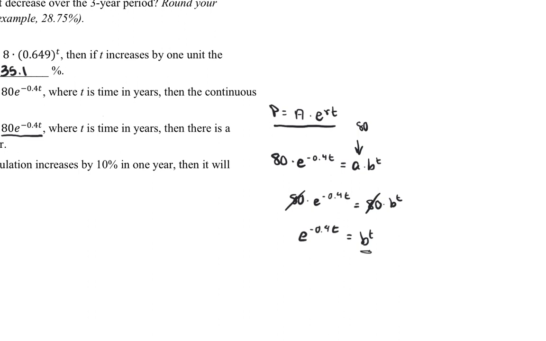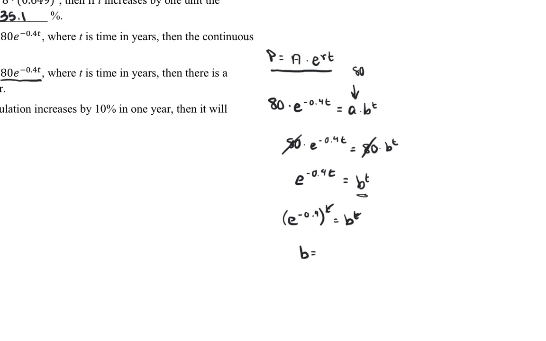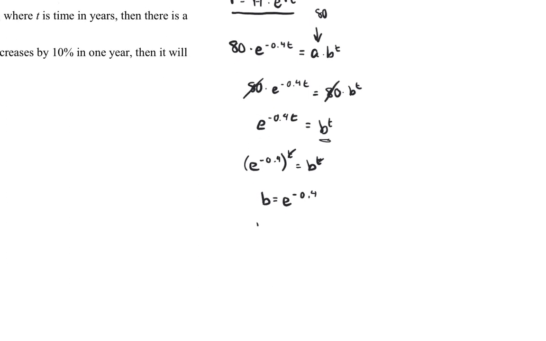There's a couple ways we can do that. I'm going to express this left-hand side as e to the negative 0.4 raised to the t is equal to b to the t. Then from there, they have the same exponent, so they must be the same. Then b is equal to e to the negative 0.4. Now calculating that gives a value of b is about equal to 0.6703, which is, remember, the same as 1 plus the rate.